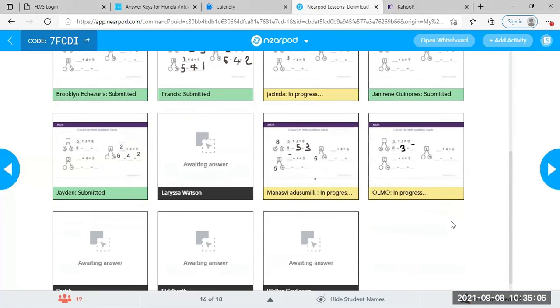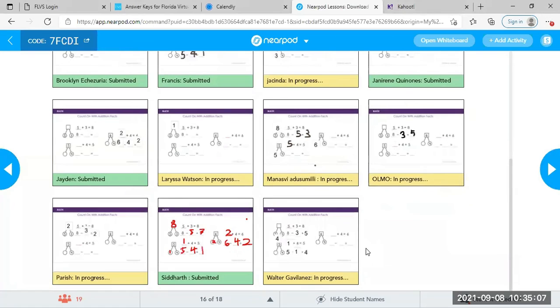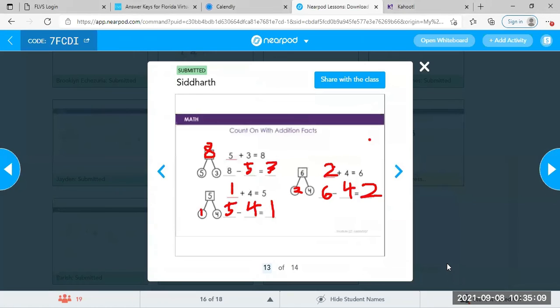Okay, you were supposed to just pick one. Ooh, look at Siddharth. He picked all 3. He was ready. Wow. Nice work. Yes. Okay, Siddharth, you can unmute. Tell me, how did you find the missing part for 5, 4, and 1? How did you figure out the missing part was 1? 4 plus which number equals 5, 1.